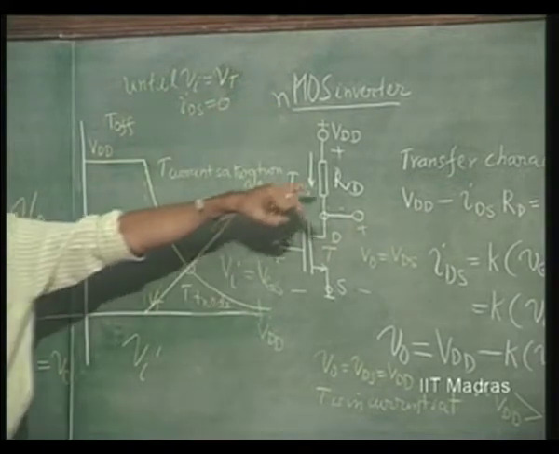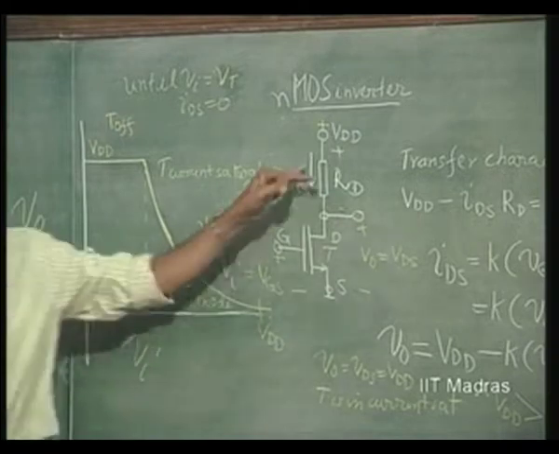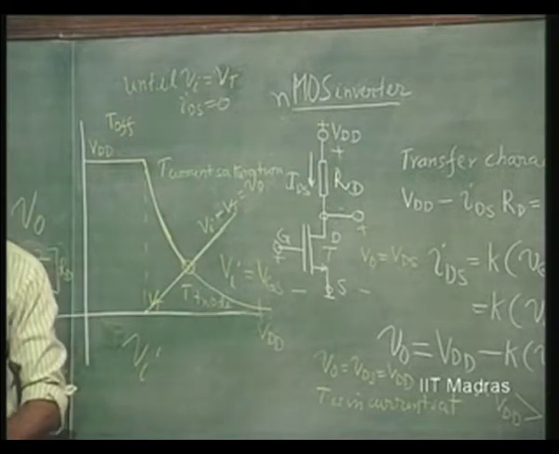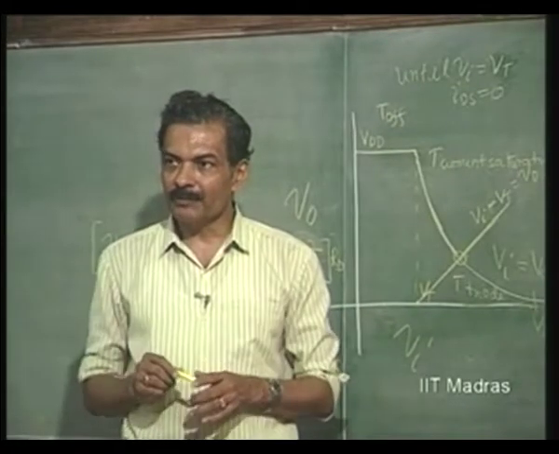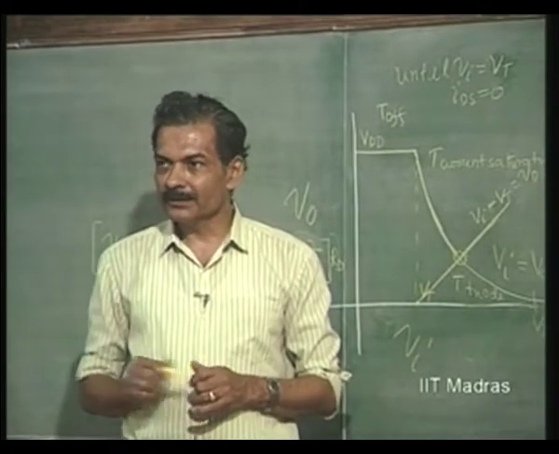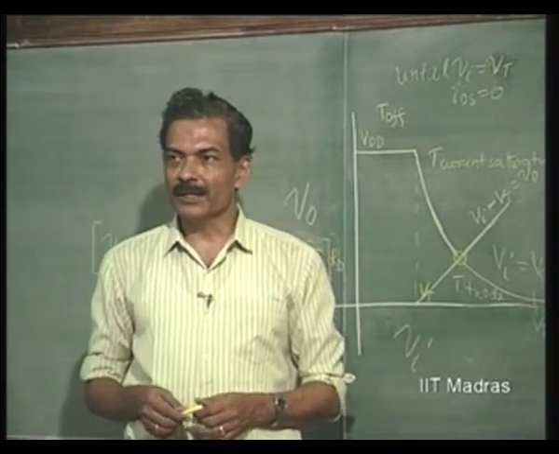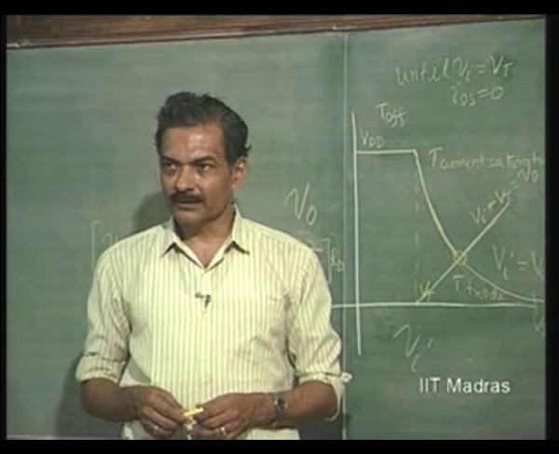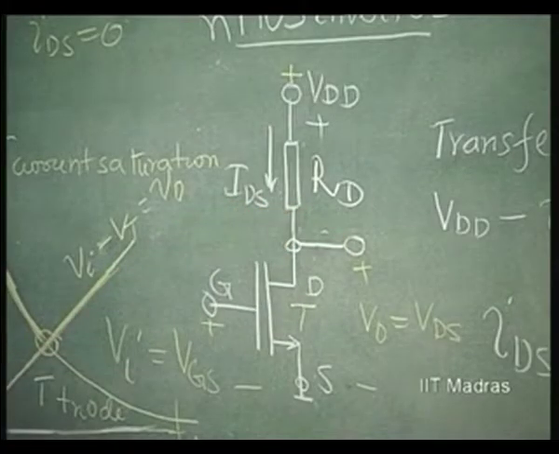Now, only thing is there is no such resistance that is used in these inverters in VLSI circuits, because the resistance takes up a lot of space. We know that MOSFET itself can be used as a resistor, just now we have studied. So, why not put MOSFET itself as a resistor, instead of using a physical resistor there.